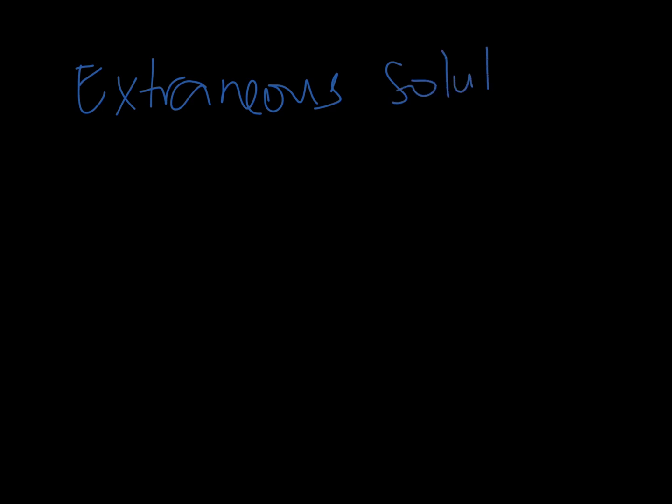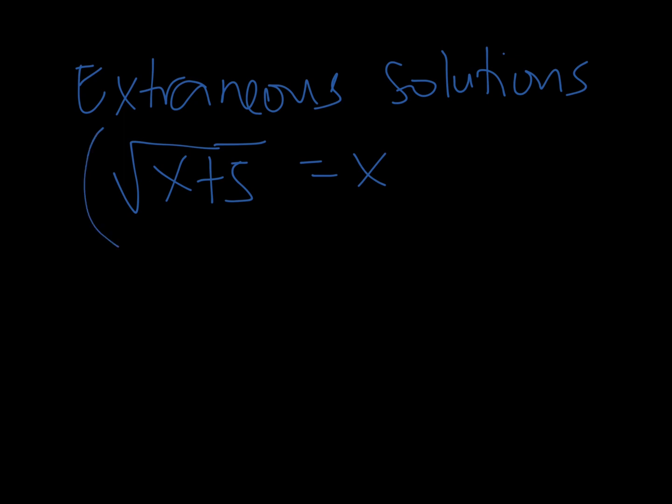Some solutions do not satisfy the given radical equation. These are called extraneous solutions. For example, consider the square root of 4x plus 5 is equal to x. Isolate the radical. We have already isolated the radical. Then square both sides of the equation.